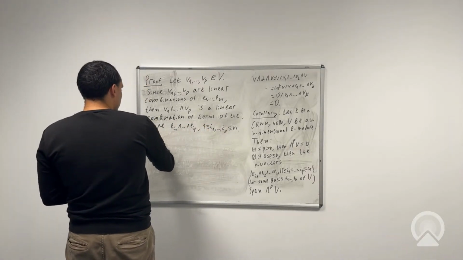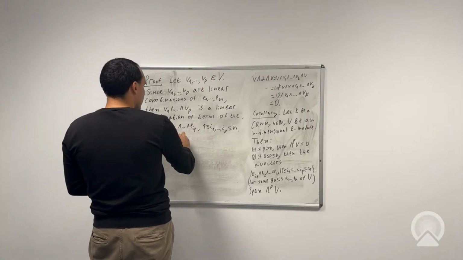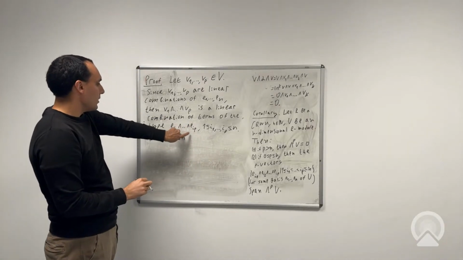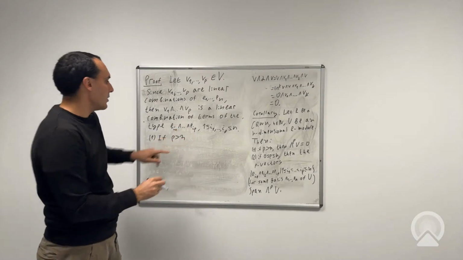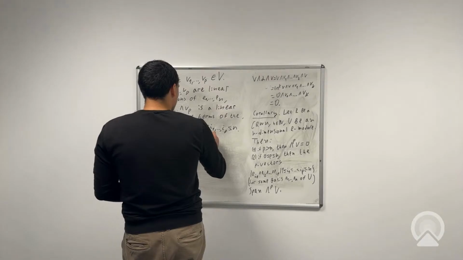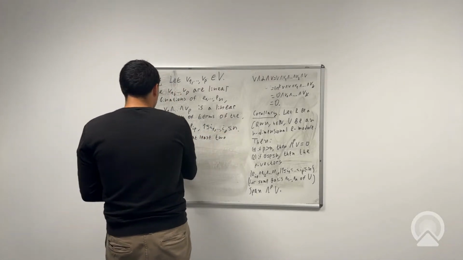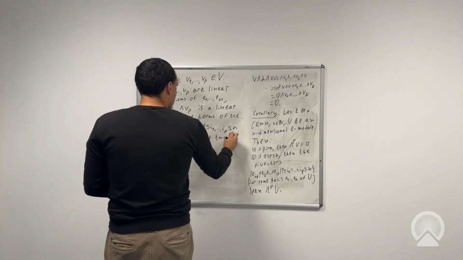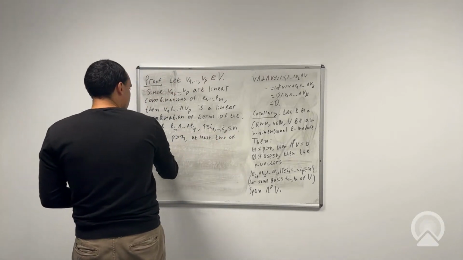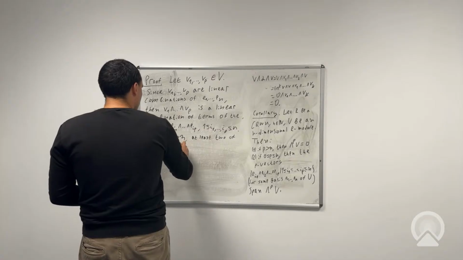Let's prove part one: if p is bigger than n, then in any such combination at least two of i1 to ip are equal.